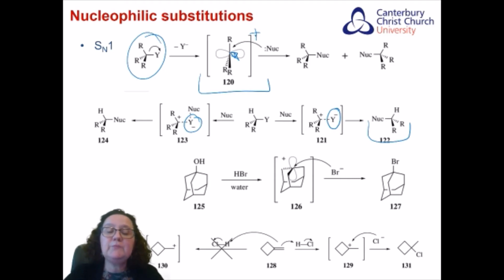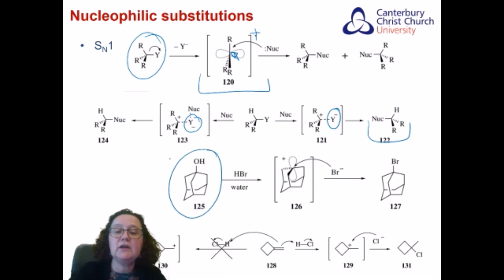And sometimes you can have molecules, for example, when you're forming your carbocation in a cycle in which the structure determines the attack, just by the structure of the carbocation you are forming.